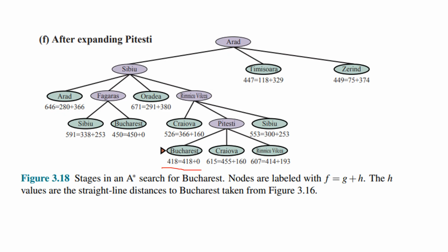This has the lowest f of n. So A star reaches the goal node. So the optimal path from Arad to Bucharest is found, and the path cost is 418 miles. Now this is our path: Arad to Sibiu, to Remnicu Vilcia, and then Pitesti, then to Bucharest.